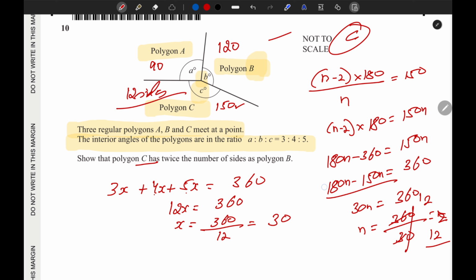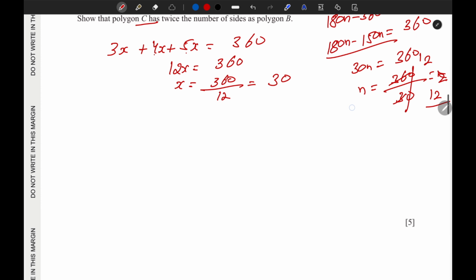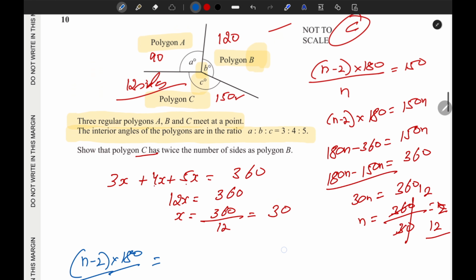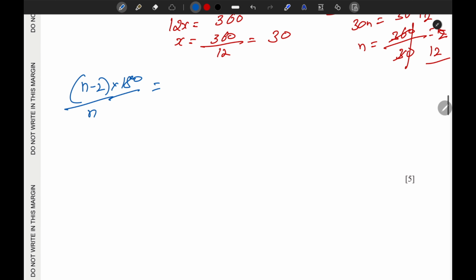Now for polygon B, using the same formula, I'm using a different pen now. So this is (n minus 2) into 180 by n, equals, what was it for B? B was 120.